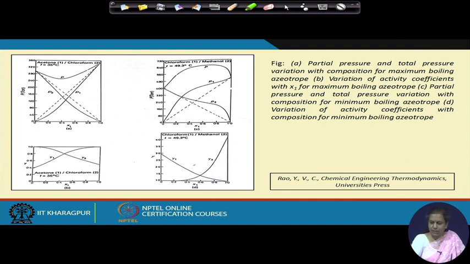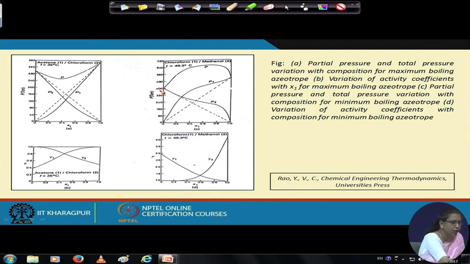Whether it is a negative deviation or a positive deviation, the curve has to start from P2 saturated and end at P1 saturated. When there is significant deviation from ideality, very frequently the curve either passes through a maximum when there is positive deviation from Raoult's law, or it passes through a minimum when there is negative deviation from Raoult's law.